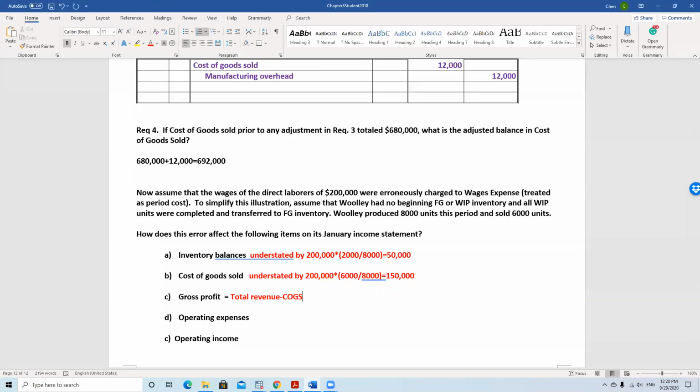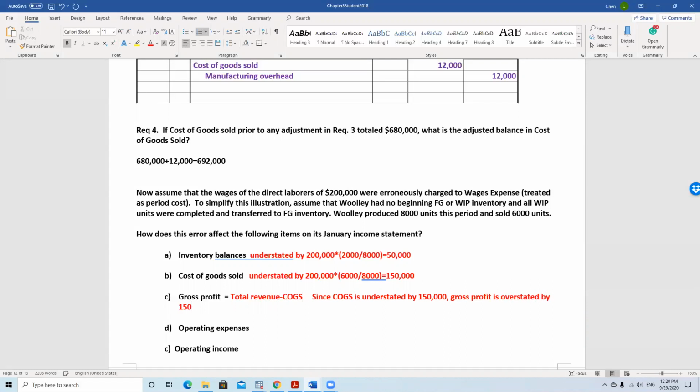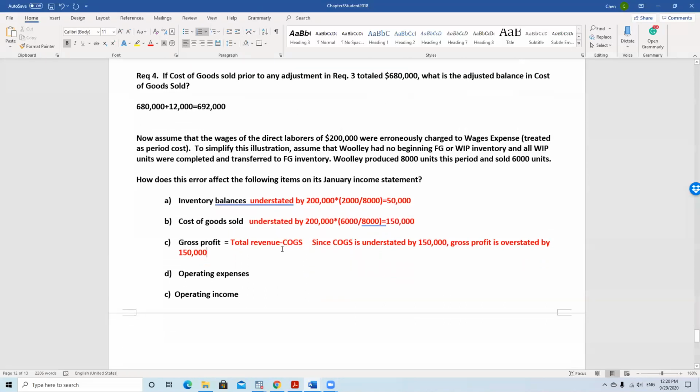And since cost of goods sold is understated by 150,000, gross profit is overstated by 150,000. Okay.